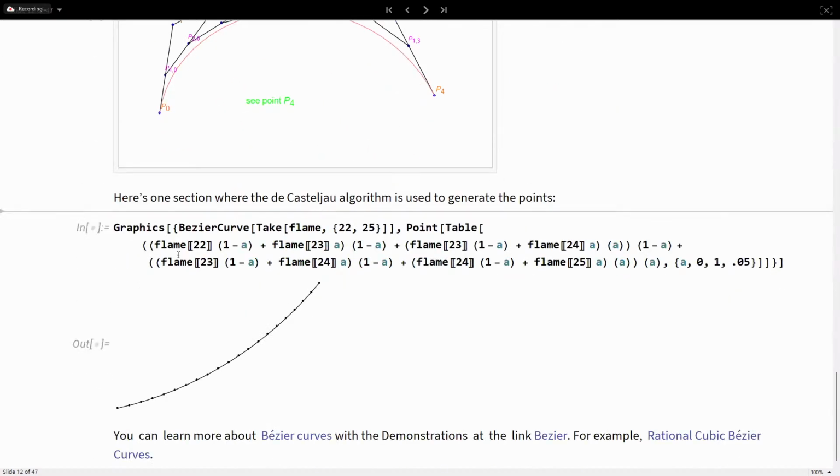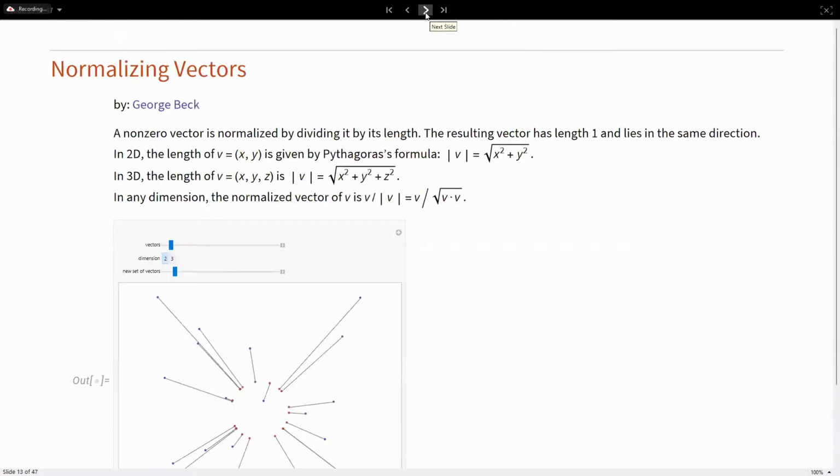And here's an example of the algorithm used to develop one piece of the flame. Here are some points that are along it. So that's one thing you can do with these vectors and line representations.